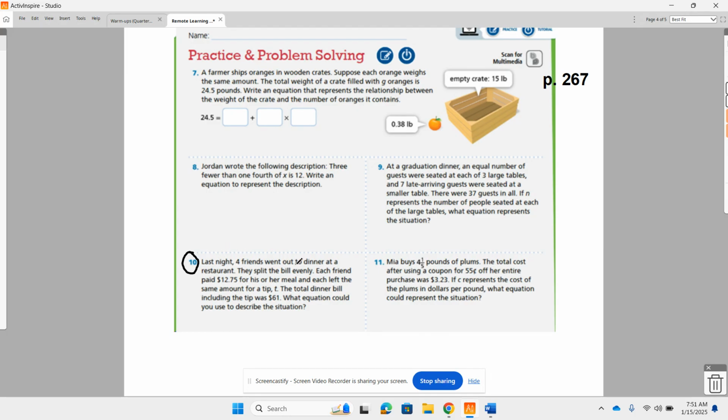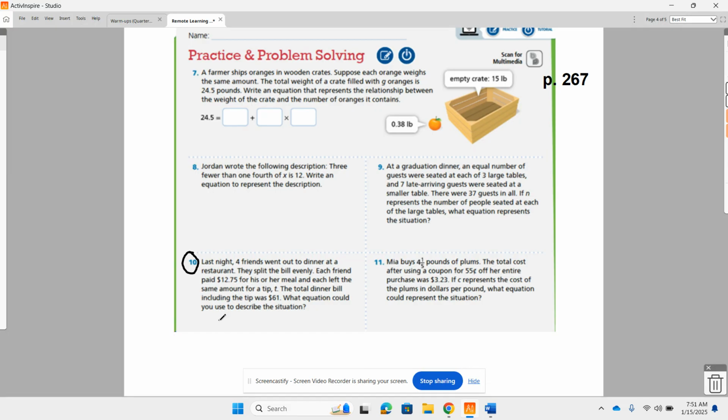Last night, 4 friends went out to dinner at a restaurant. They split the bill evenly. Each friend paid $12.75 for his or her meal, and each left the same amount for a tip T. The total dinner bill, including the tip, was $61. What equation could you use to describe the situation?